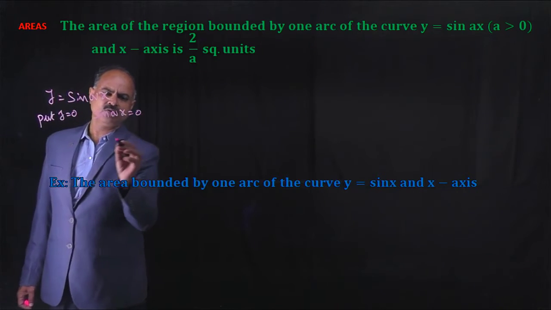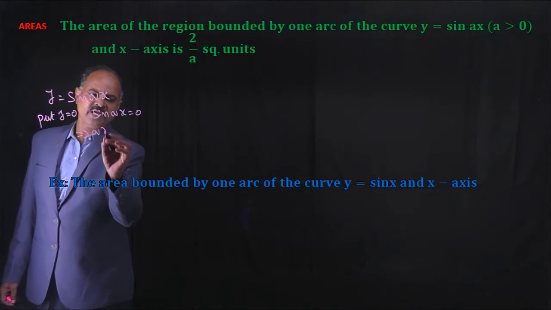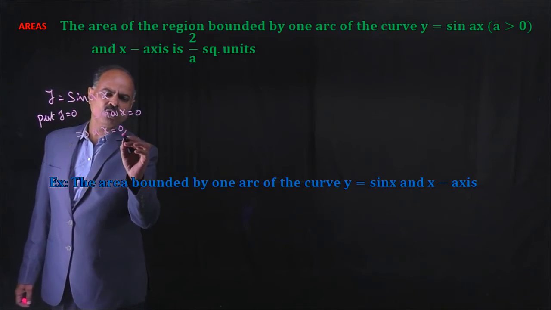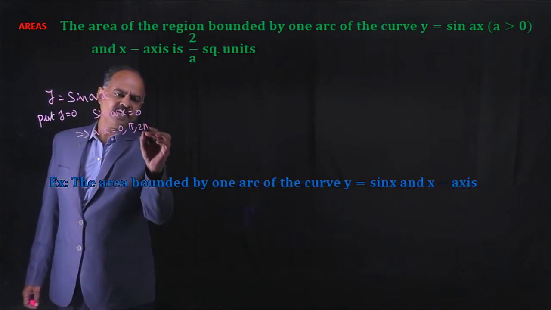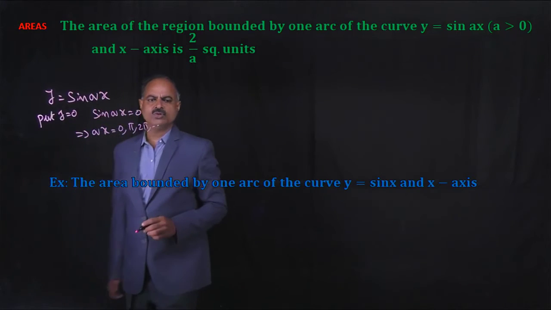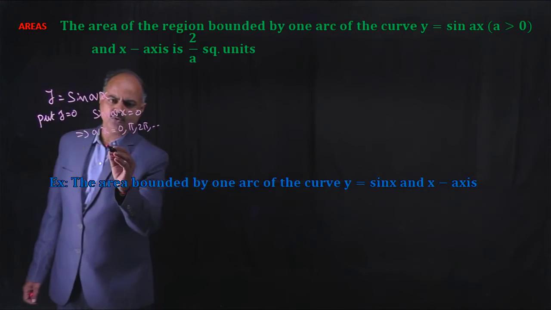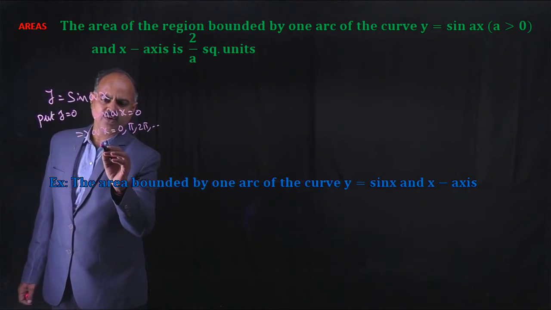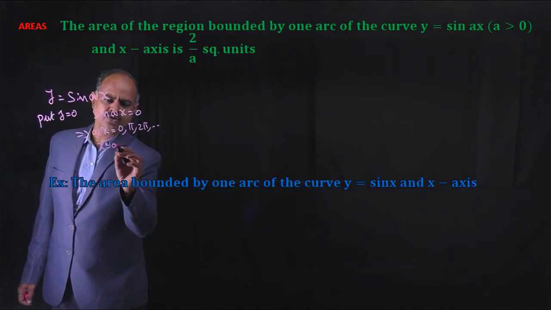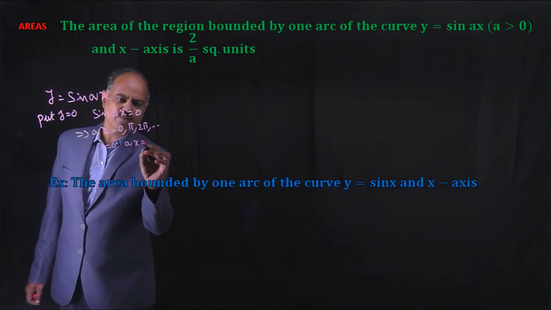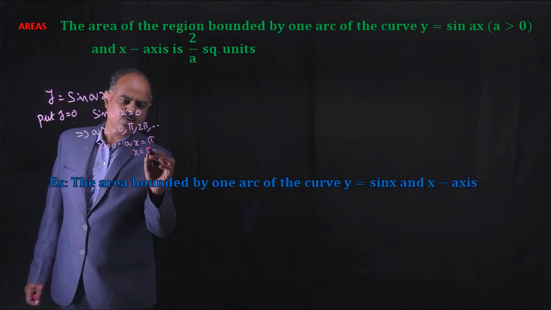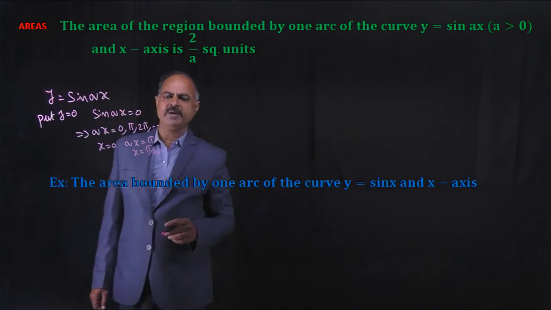This implies ax equal to 0, pi, 2 pi and so on. Here ax equal to 0 gives x equal to 0. Here ax equal to pi. This implies x equal to pi by a.